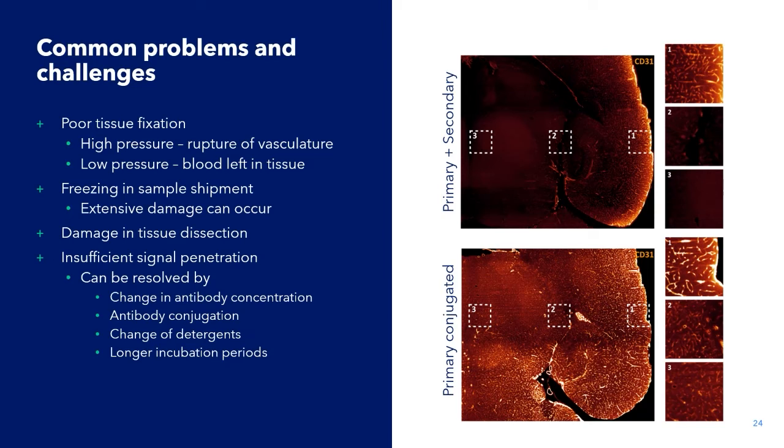In the lower panel, you can see the very same antibody, but conjugated to a fluorophore. There you can see that the signal in the different boxes, 1, 2, and 3, is quite similar indeed. So antibody conjugation can actually help you to solve some of these issues and get a nice signal.